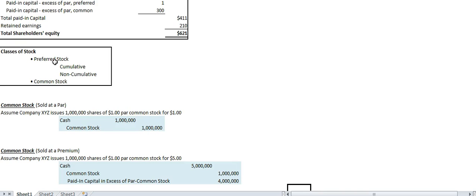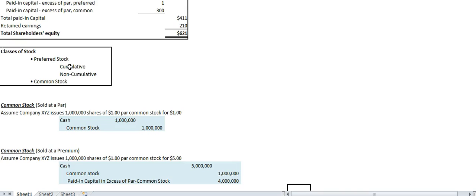So what does that mean? Well, that means that the preferred stockholder has the right, before any common stockholders, to get $4 in dividends before any of the stockholders have a right to receive their portion of the dividends. Now, from preferred stocks, you have cumulative and non-cumulative. Cumulative means that if a company chooses not to pay dividends that year, that amount will accumulate, and so the company will have to pay that amount.